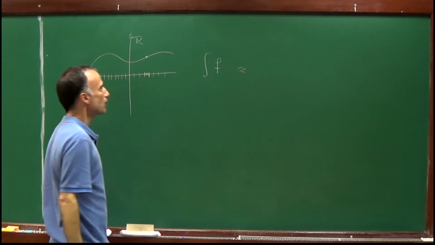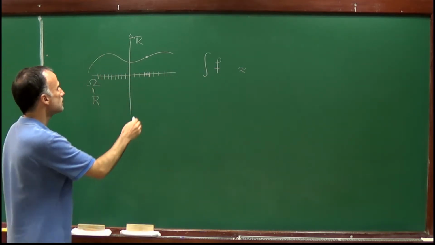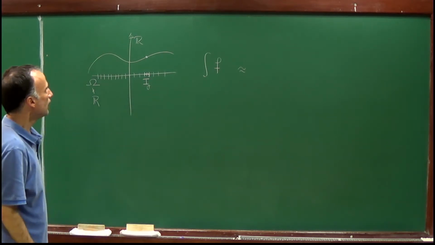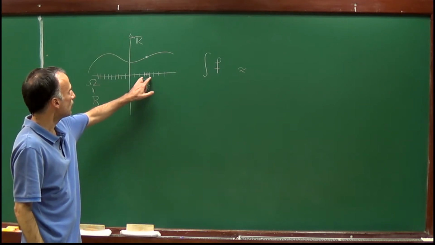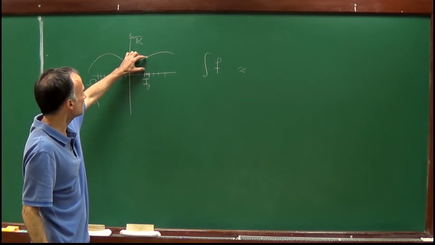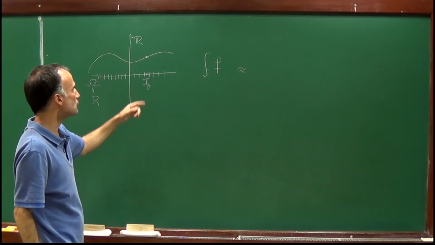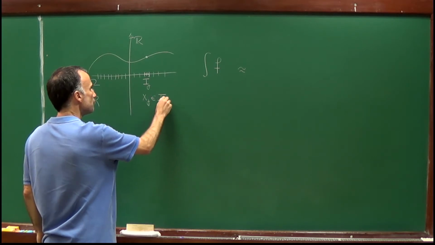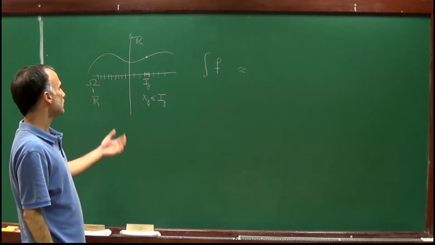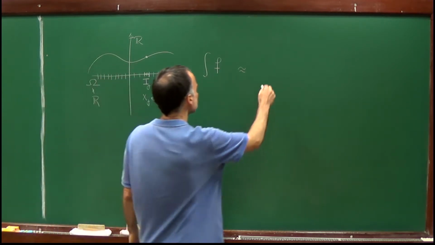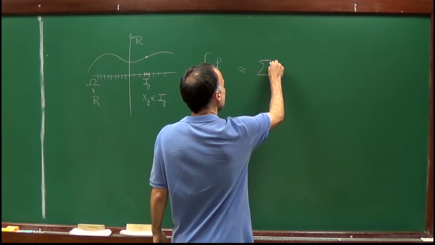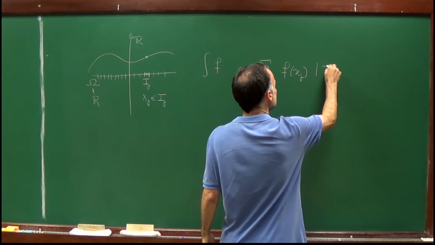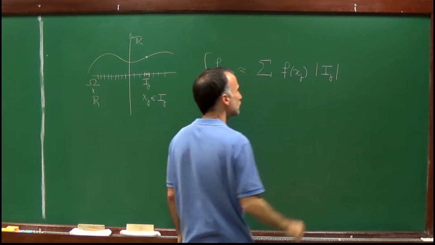that the integral of f will be close to, let's say that we have here an interval Ij. We will take the length of the interval Ij times the value of the function at one of these points. So let's say that we have xj, which is a point in Ij. And we will say that the integral of f should be close to the sum of f of xj times the length of the interval Ij.